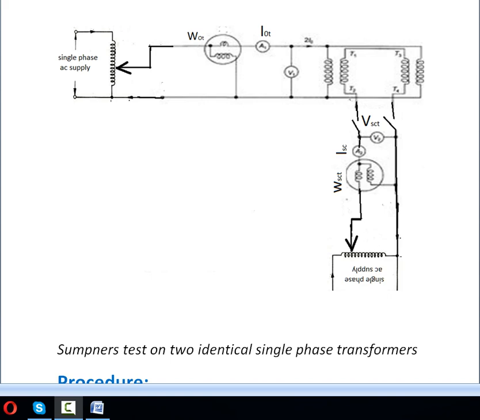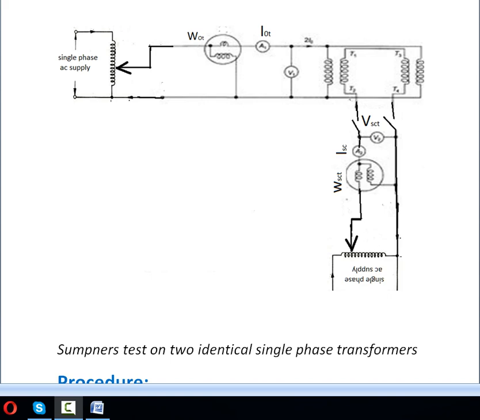Secondary windings of both the transformers are connected in series and they are connected to the supply via switch, voltmeter, ammeter, wattmeter and auto transformer like this. While the primaries of both the transformers are connected in parallel and they are connected to the supply via voltmeter, ammeter, wattmeter and auto transformer.